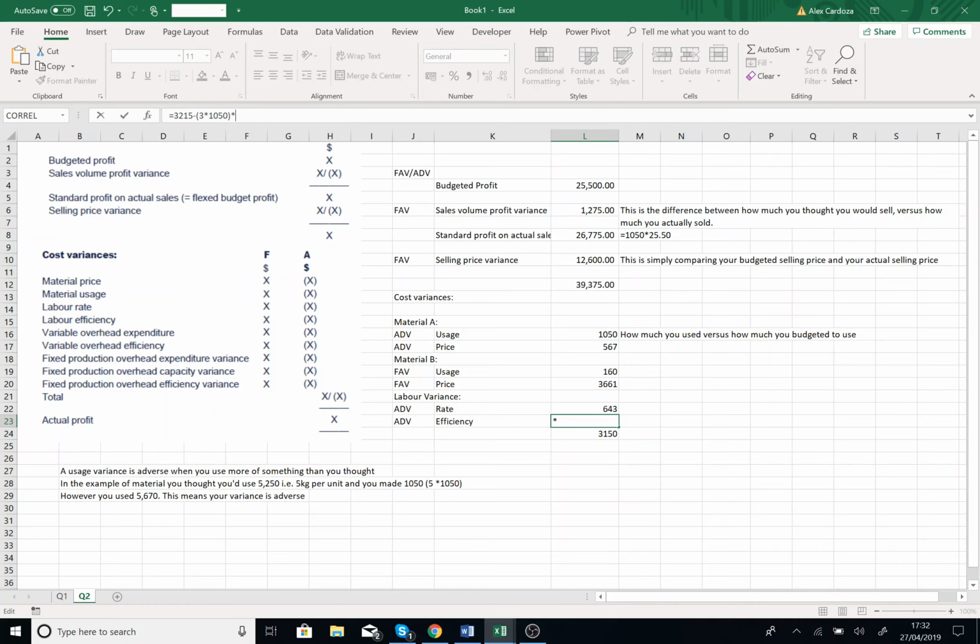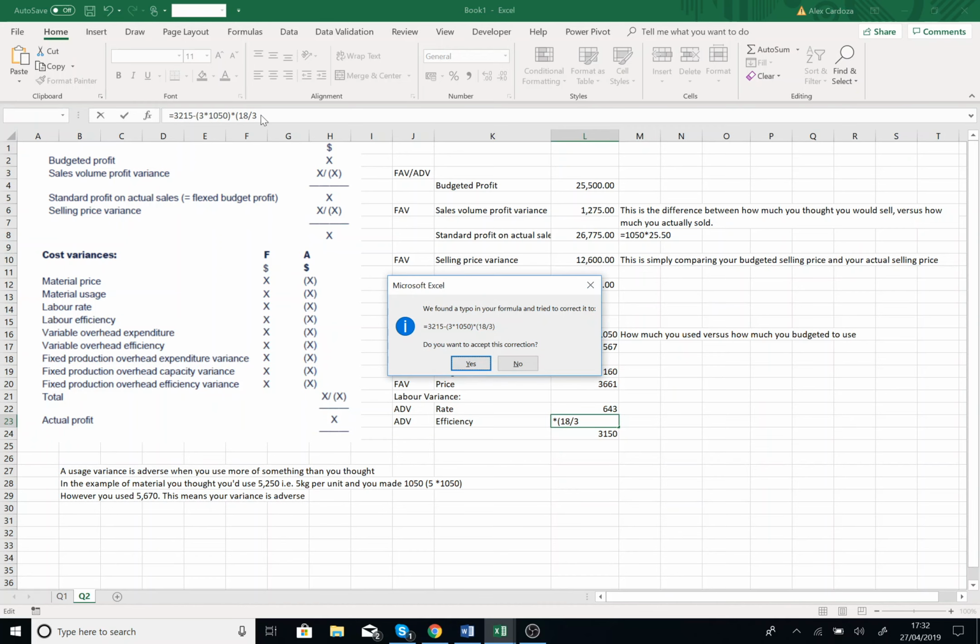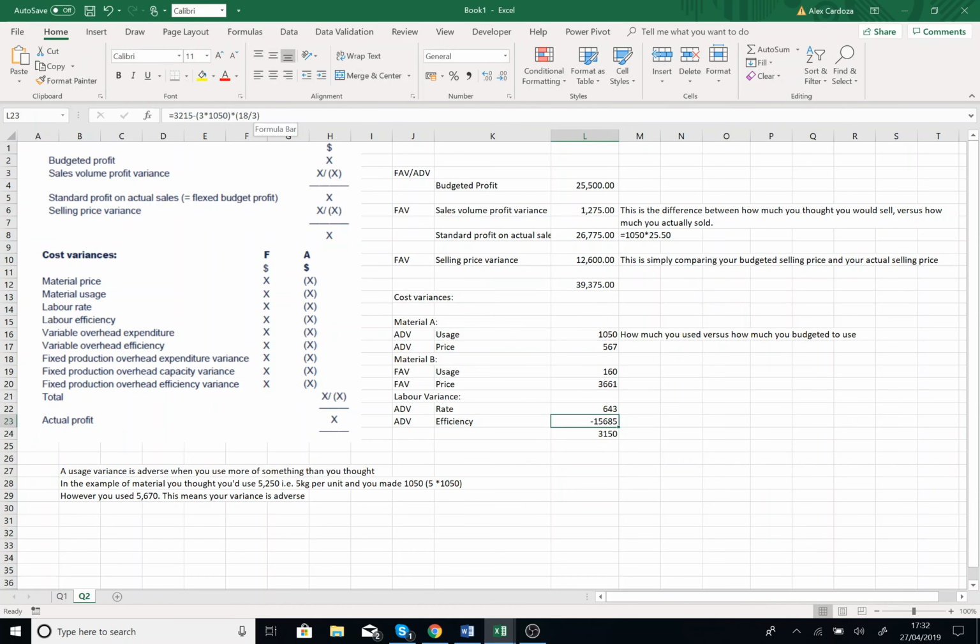How much did we budget those hours to cost? We budgeted 18 divided by 3 per hour, which is 6, if you remember. Excellent, so 390. So you've got an adverse labor efficiency variance.